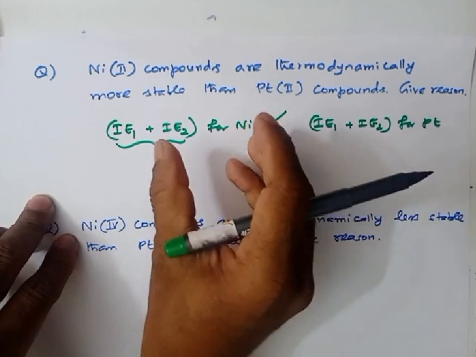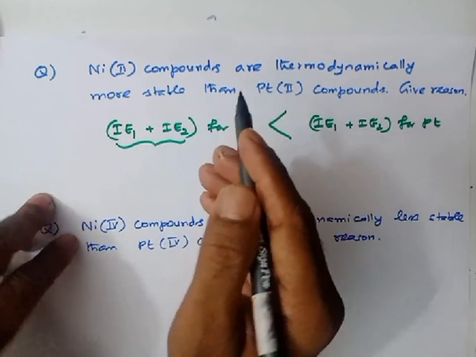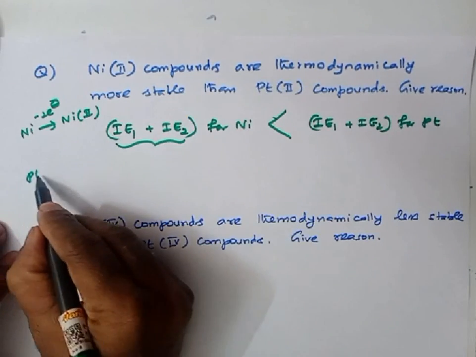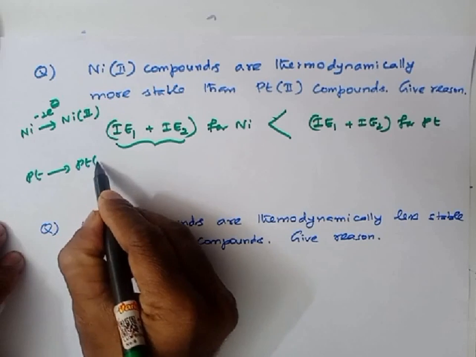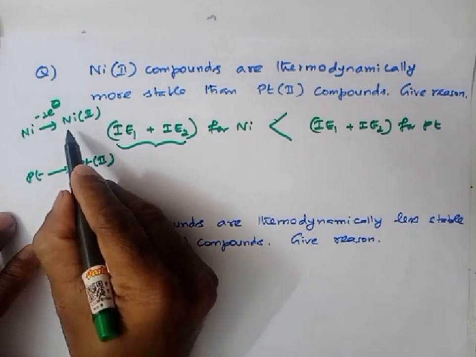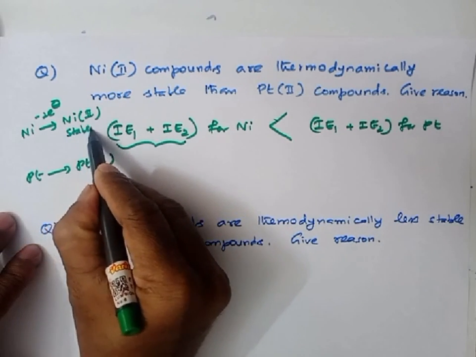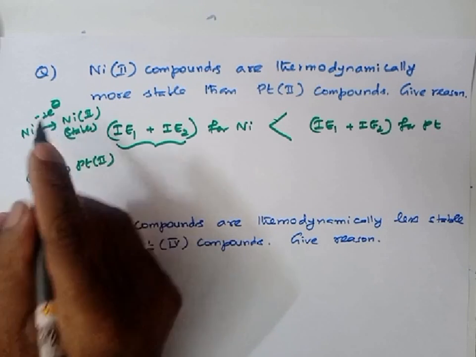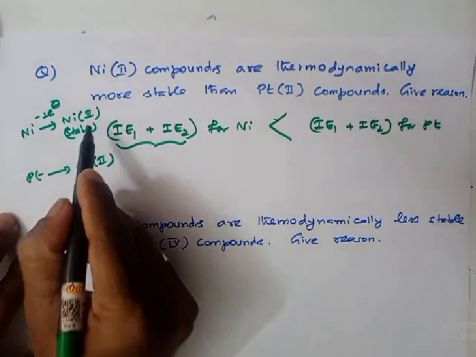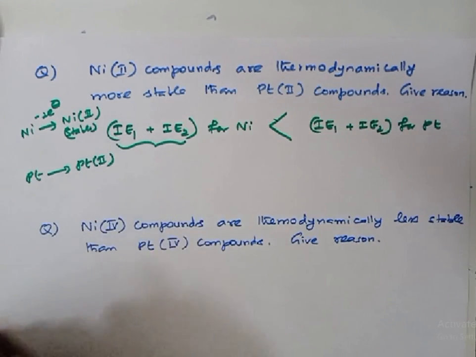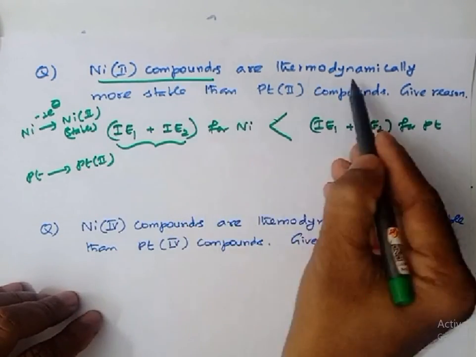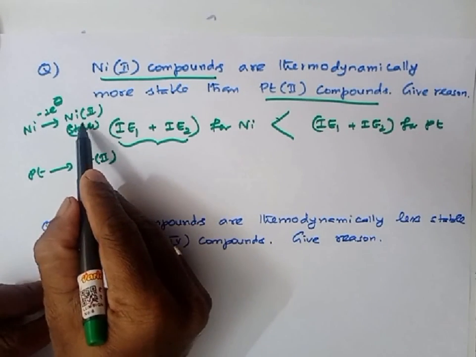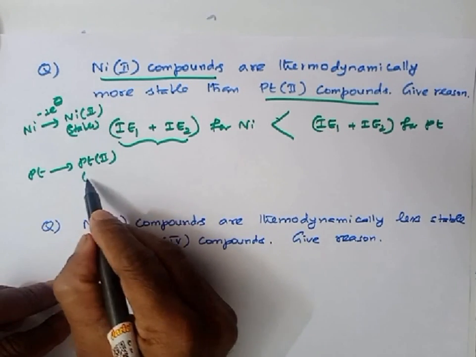So nickel(II) compounds are thermodynamically more stable, easy to form. Listen, student. If it is stable, that means the removal of 2 electrons will be easier, correct? The product is stable. This is what is given: nickel(II) compounds are more stable than platinum(II) compounds, and platinum(II) is less stable.